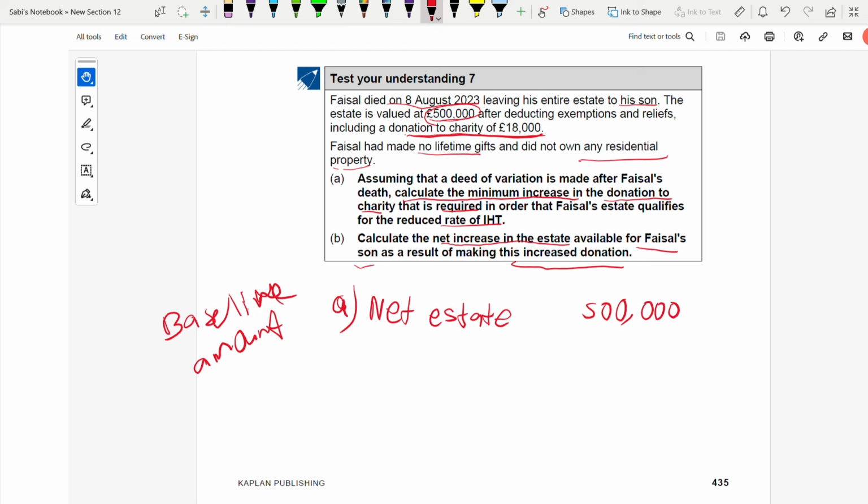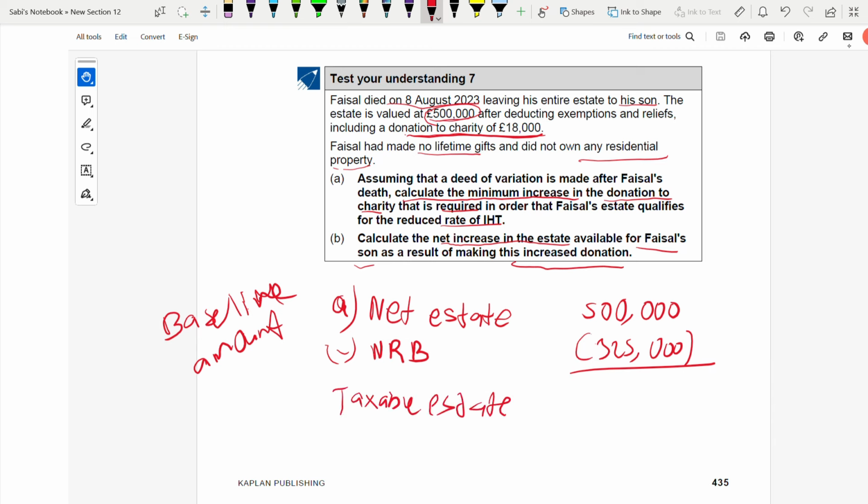Next, you deduct the nil rate band. How much? No lifetime gifts, so a full 325,000. What is known as the taxable estate? You need the taxable estate. What is it? 175,000.